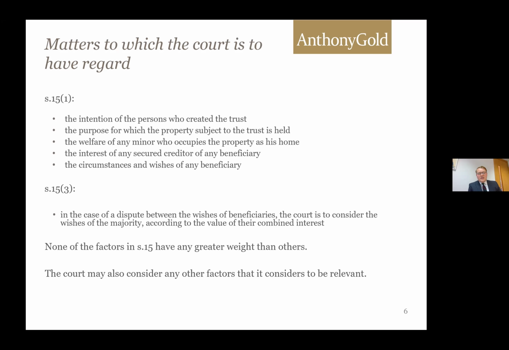Section 15.3 essentially says that if there's a dispute between the wishes of the beneficiaries, the court would take into account the majority wish in accordance with their combined interest in the property. Bear in mind that none of the factors under Section 15 carry any greater weight than the others, and that the court is also entitled to take into account any other factors that it considers are relevant.